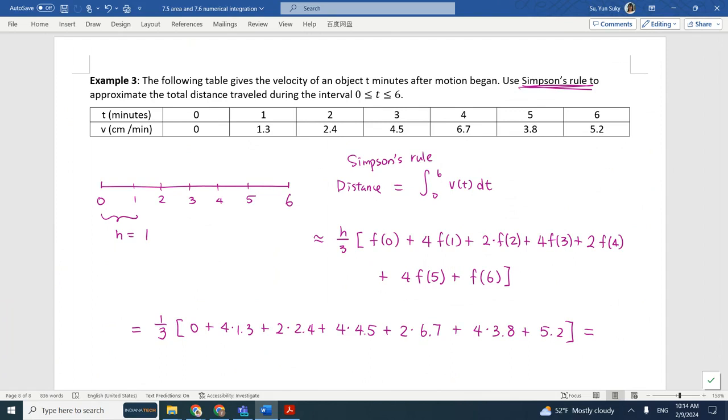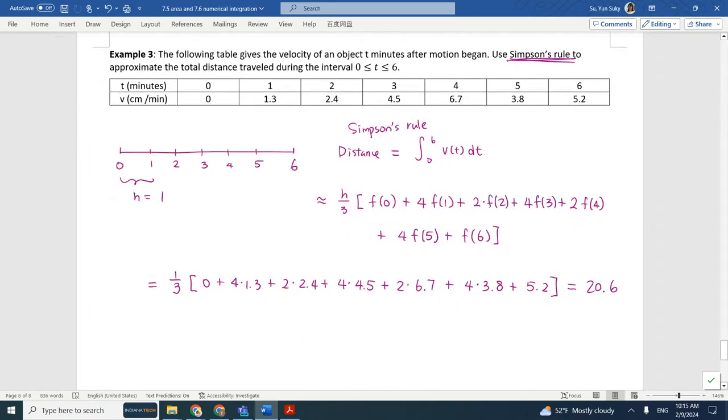What do you get? 61.8. Did you divide it by 3? Oh, no. 20.6. Okay, 20.6. So that is Simpson's rule.